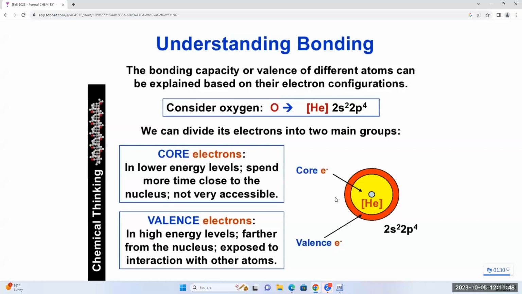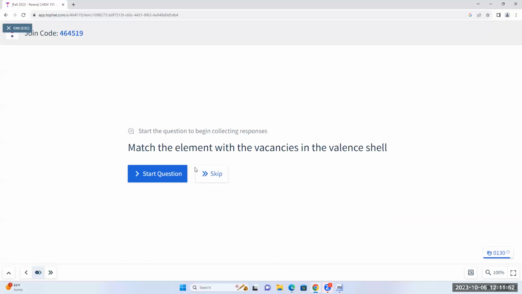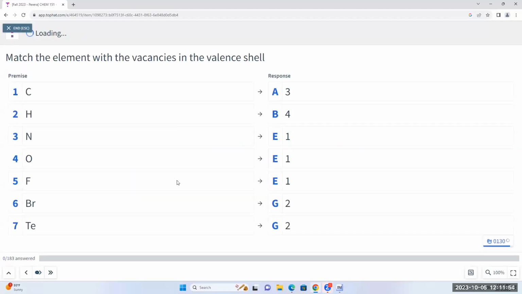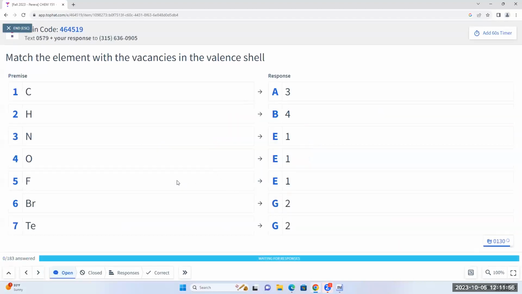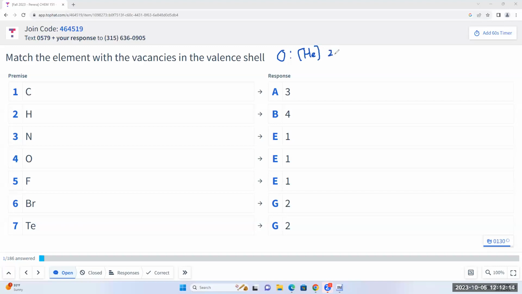Okay. And now, what we want to do is explain this. Valence shell for the non-metallic elements has a maximum capacity of 8. For example, if you take oxygen, the electron configuration is helium, then we have 2s2, 2p4.